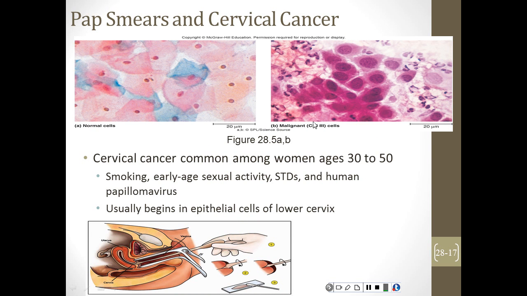Yearly, females are supposed to get their pap smears. They start when females get their first menstrual cycle. After that, they are supposed to see their gynecologist to get their cervix examined.